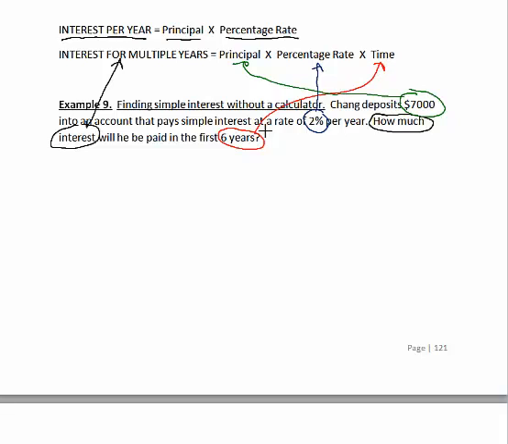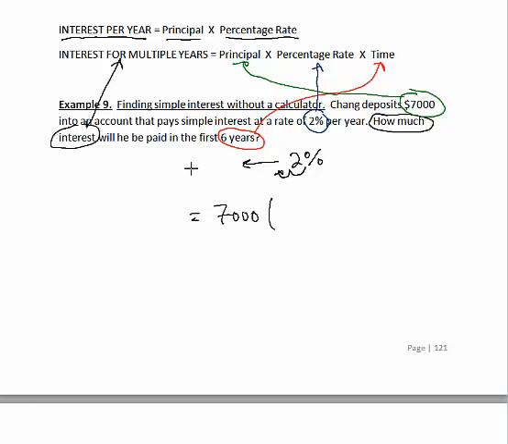So for multiple years, we would write 7,000 times, okay, 2% converted to a decimal. We move it to the left 1, 2, and we fill in any gaps with a 0.